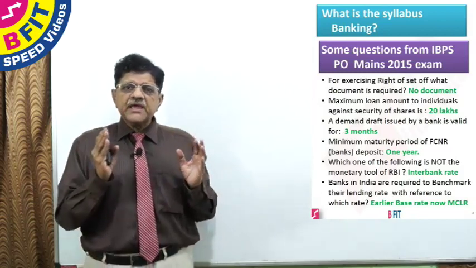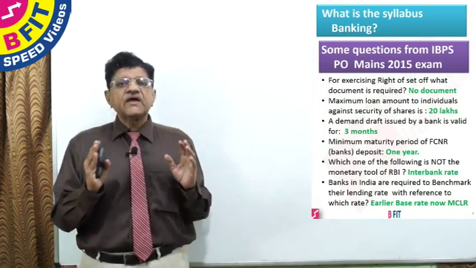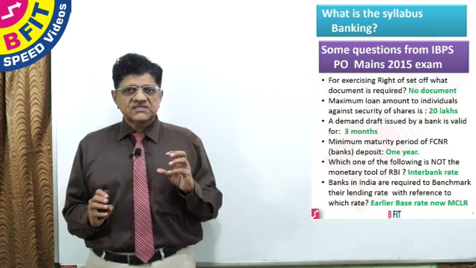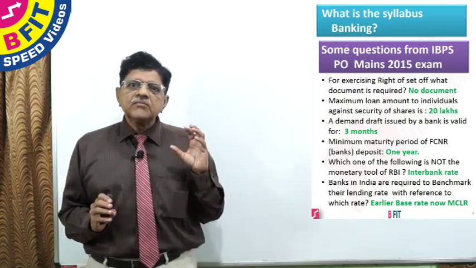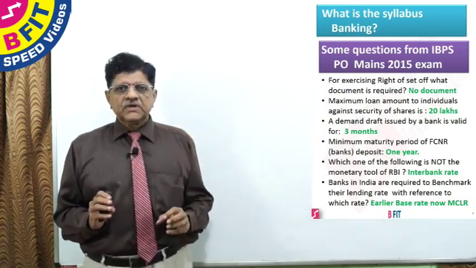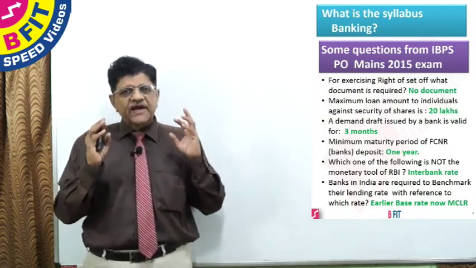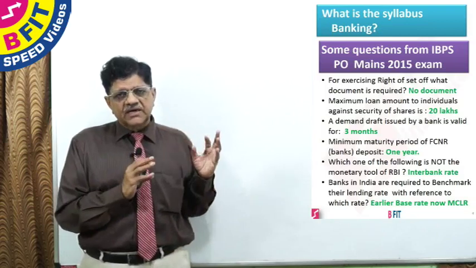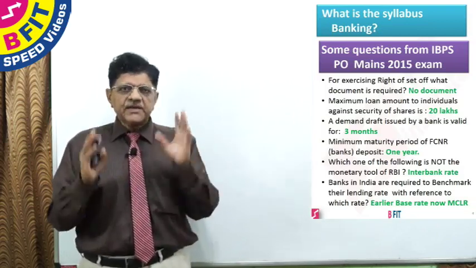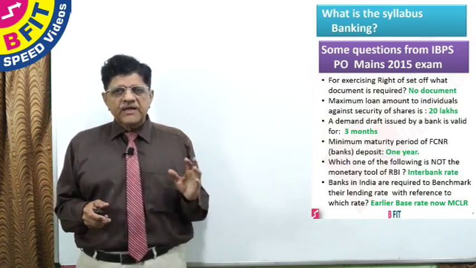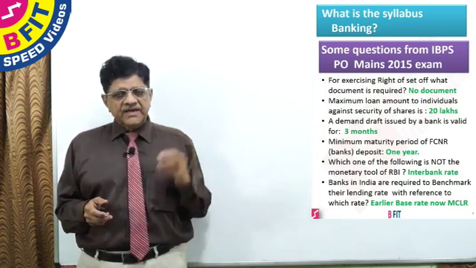Now the demand draft is being used as a vehicle to temporarily stash black money. So Reserve Bank wants to curb this tendency, and therefore they have reduced the period from 6 months to 3 months. So the correct answer is that a demand draft issued by a bank is valid for 3 months.